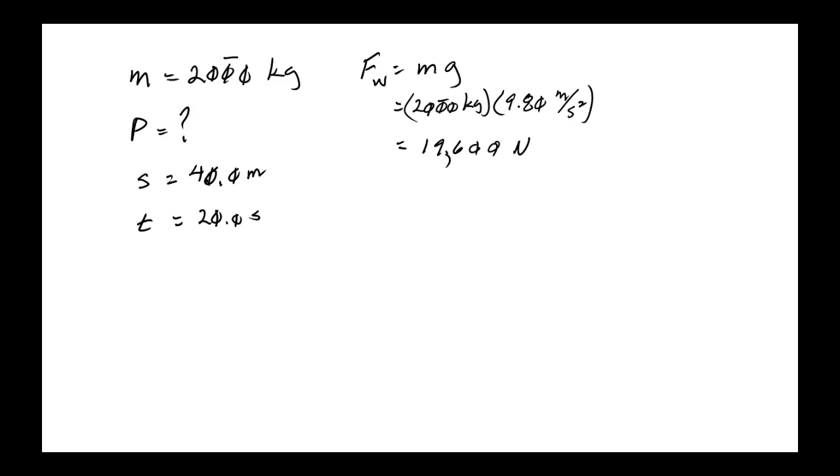So we're looking for power. What is power? What's the formula for it? Did you say force times displacement? That's your work divided by time. You got it. And what do you put in here? This is force due to weight.